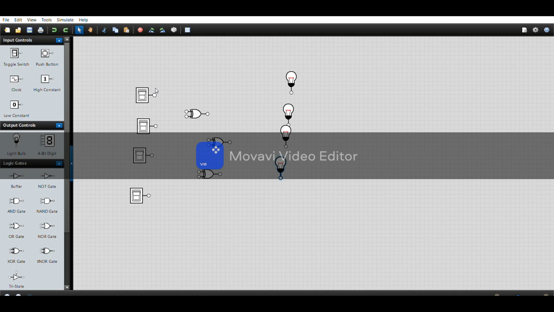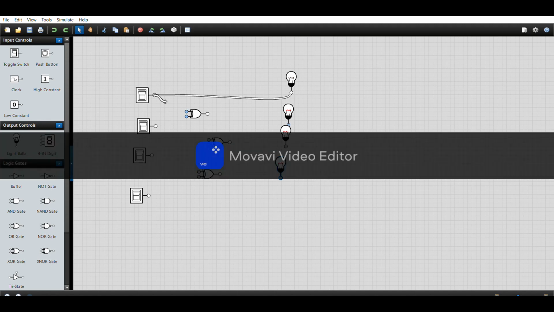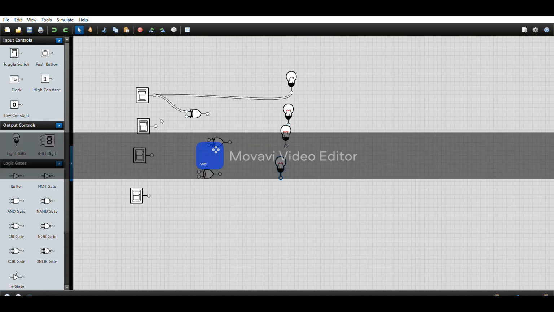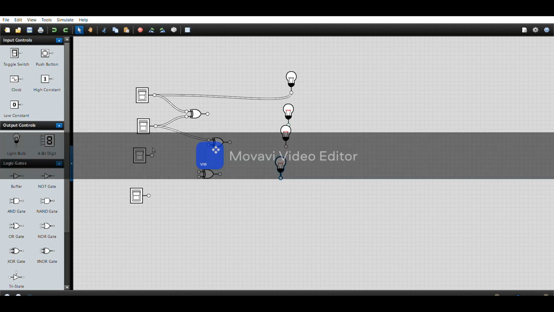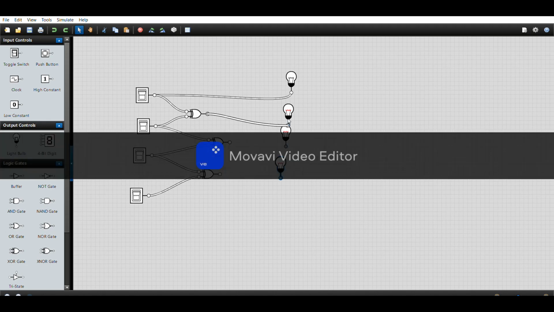Let us say something about binary to gray code conversion. The MSB of the gray code will be exactly the first bit of the given binary number. The second bit of the gray code will be the exclusive OR of the first and the second bit of the given binary number. The third bit of the gray code will be the exclusive OR of the second and the third bit of the given binary number. Let us connect the inputs and the outputs together.